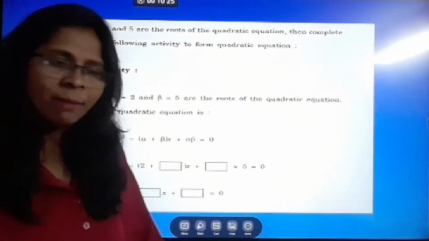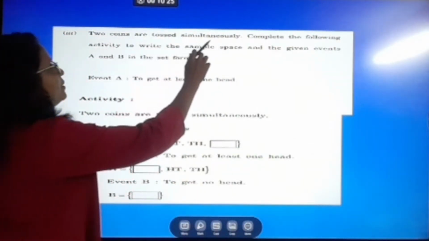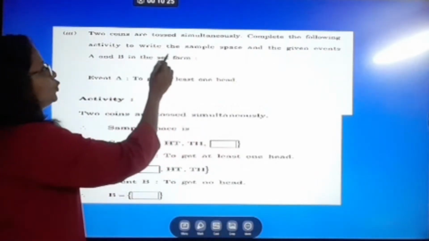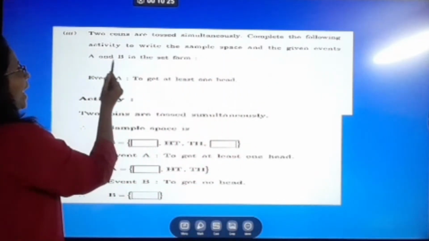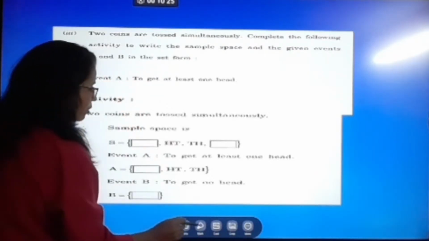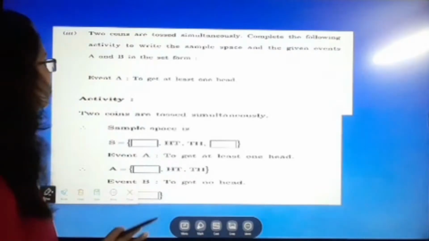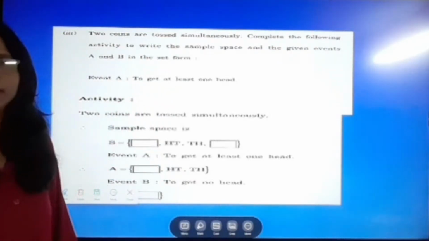Then next one example students. See the next one example, that is two coins are tossed simultaneously. Complete the following activity to write the sample space and given events A and B in the set form. Yes, in the set form you have to write the answer. So now here event A, to get at least one head.